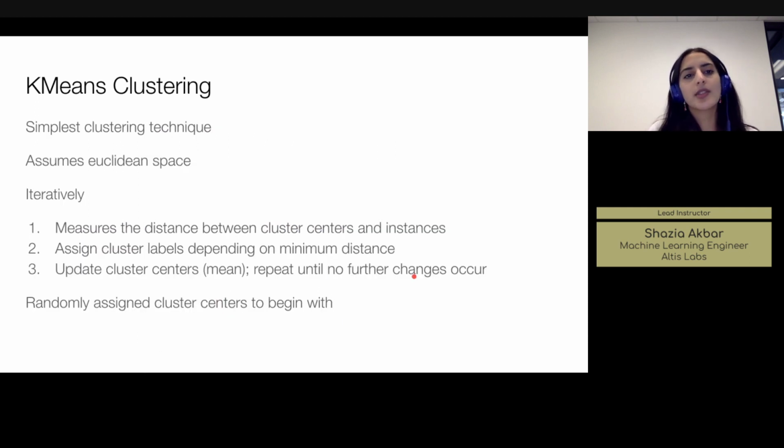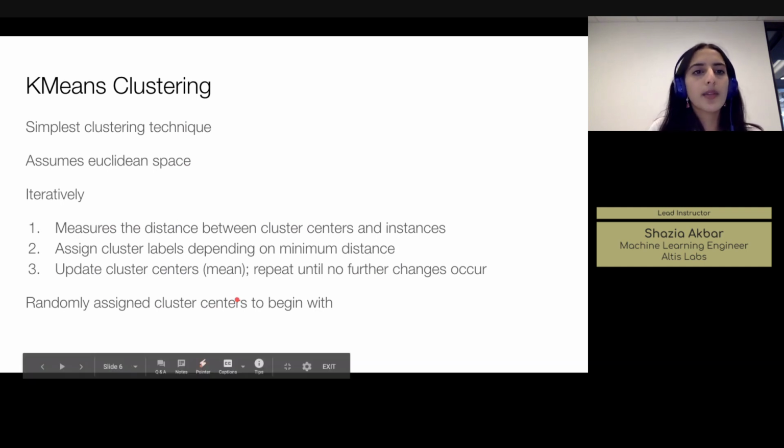To start off with, we'll talk about K-means clustering, which should be familiar to most of you. It's a very simple clustering technique, and it assumes some sort of Euclidean space. So when we talk about the distance in a K-means clustering algorithm, it's usually the Euclidean distance between data and clusters.